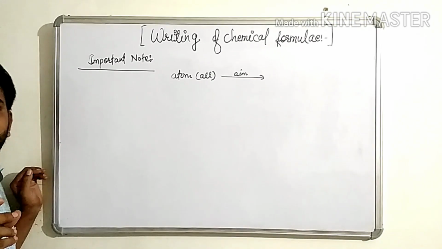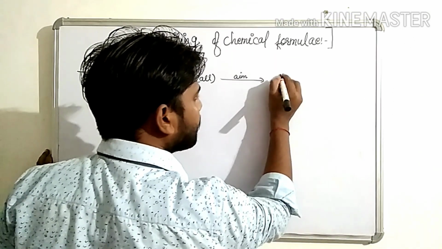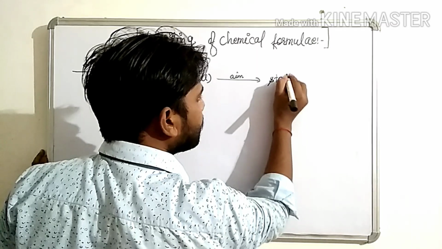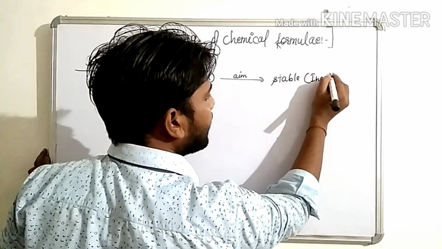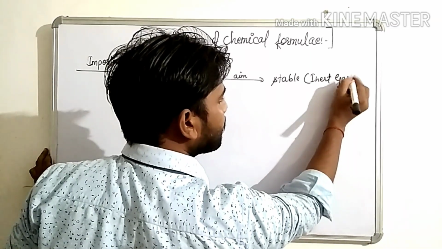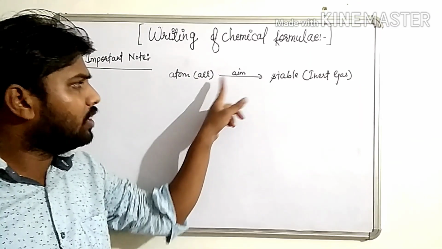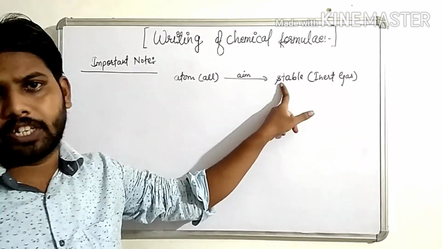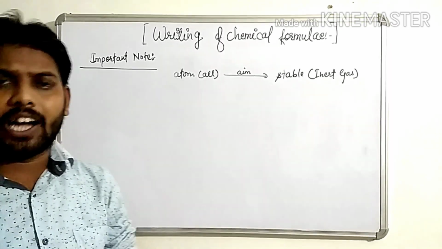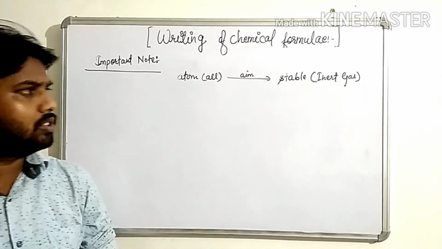All atoms want to become stable. It is also called an inert gas. All atoms have only one aim, to become an inert gas or stable, either by losing electrons or by gaining electrons.